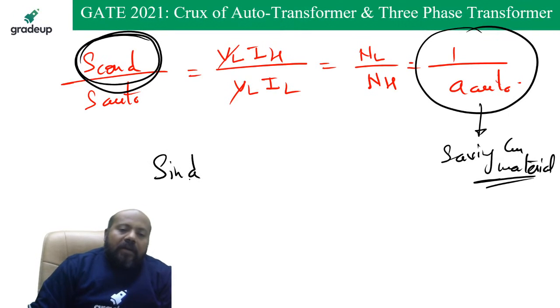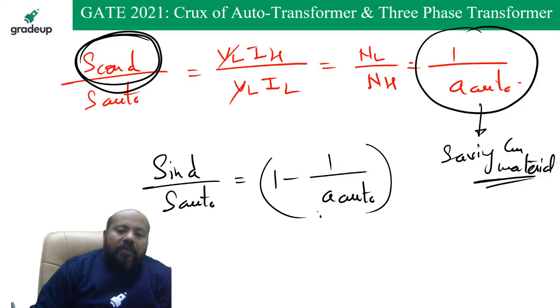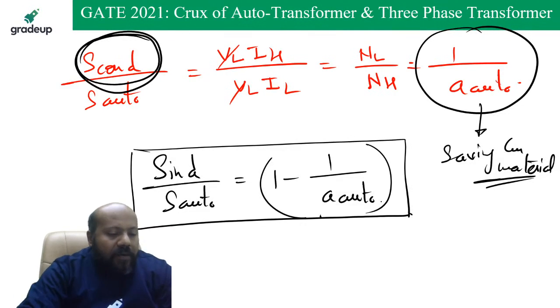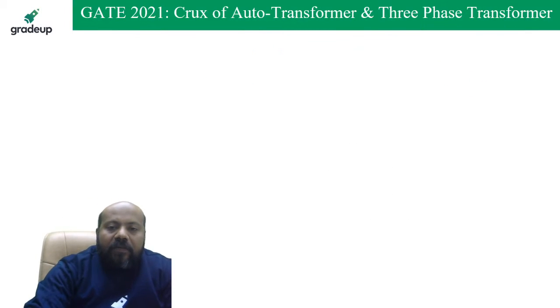If you want to write inductively transformed power, that is going to be 1 minus 1 upon A auto transformer. Everybody okay with that? I did it at a little faster speed, but I hope you must have understood the concept.